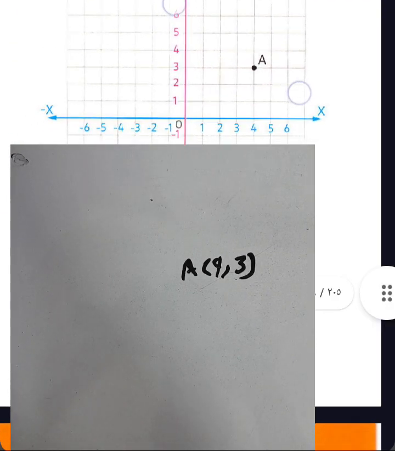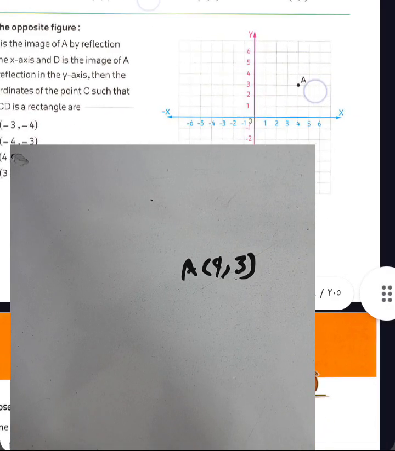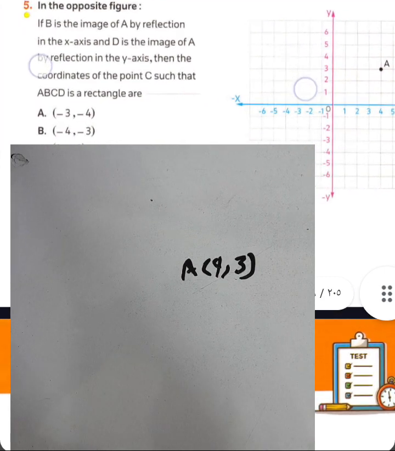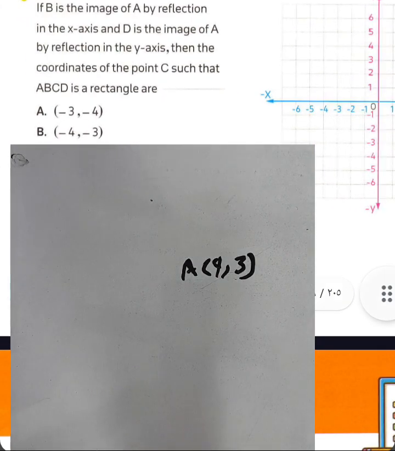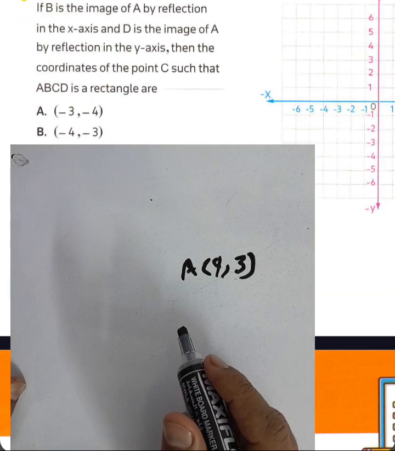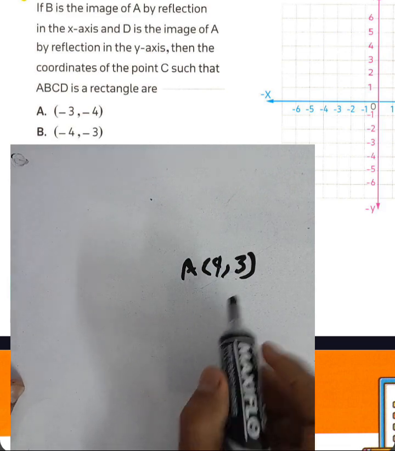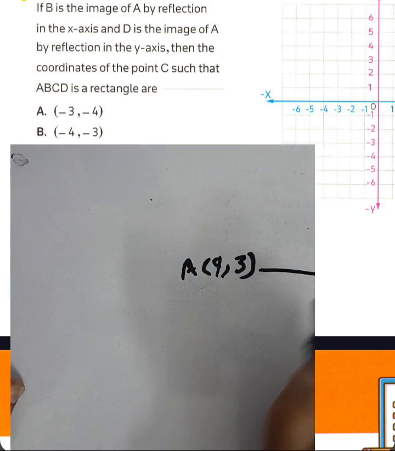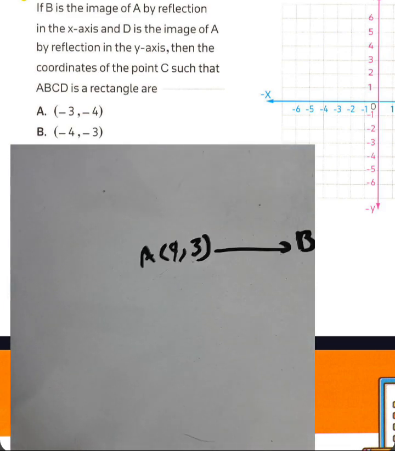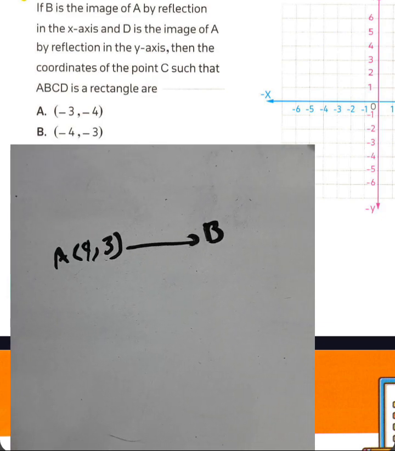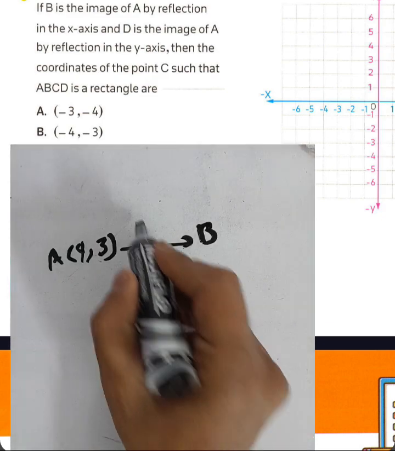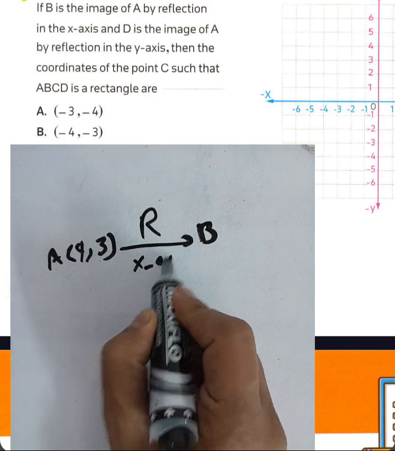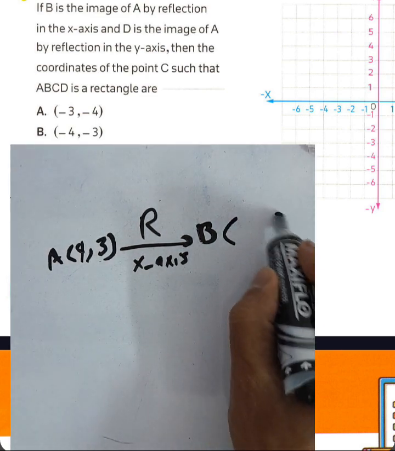Okay, and what does he tell us in the example? He tells us the image of point A. B is the image of A by reflection in the x-axis.